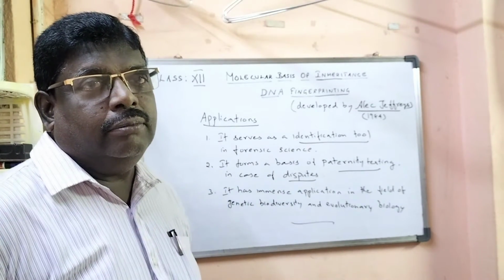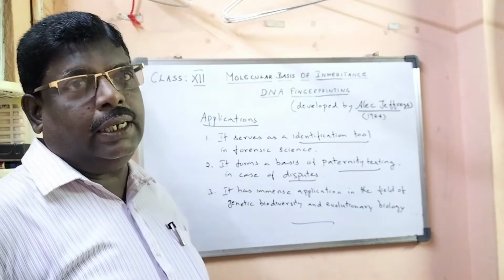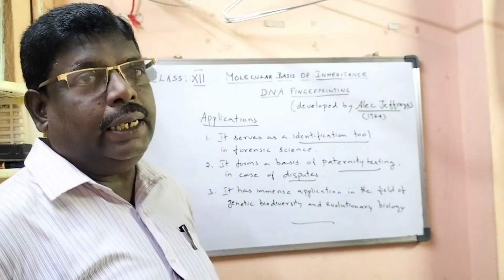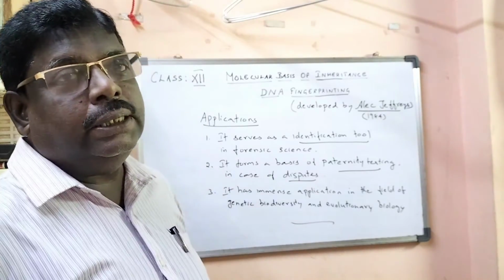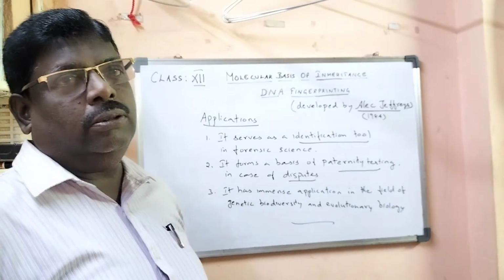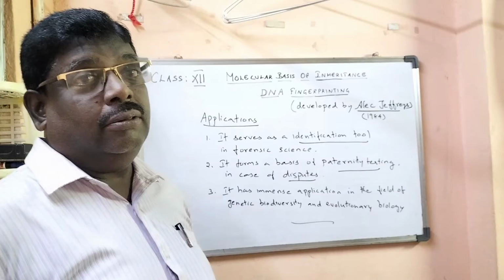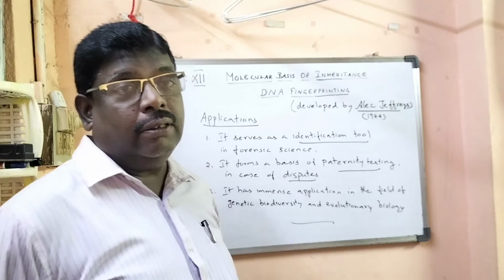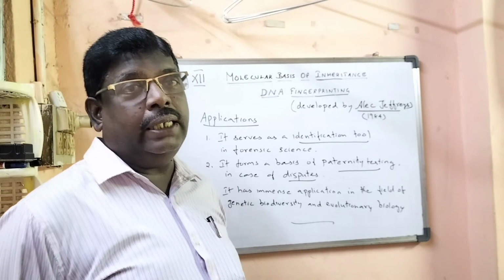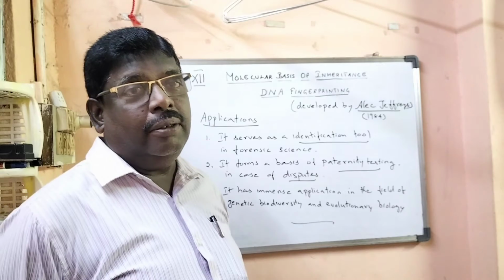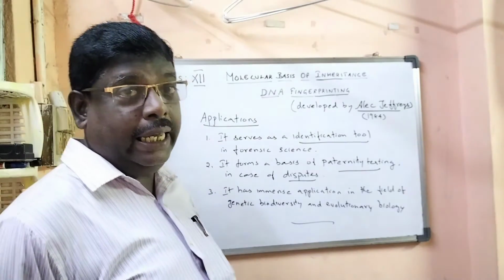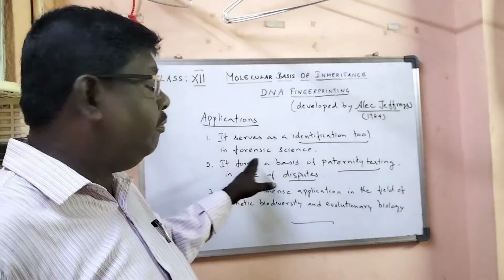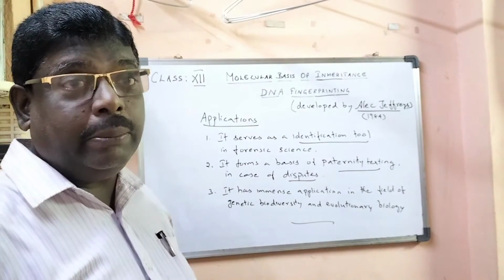Many untoward incidents happen, like women being exploited, like rape, so that the criminals can be traced out by their blood, hair follicles, skin. All these tissues contain DNA: blood, hair follicles, skin, nail, etc. So it serves as an identification tool in forensic science, especially to identify the criminals.